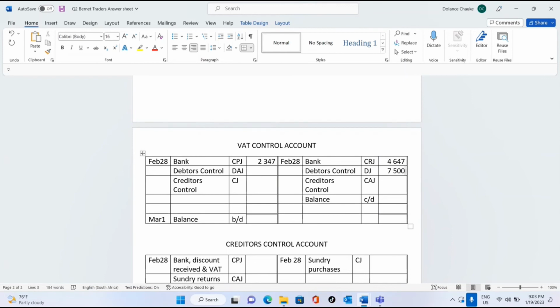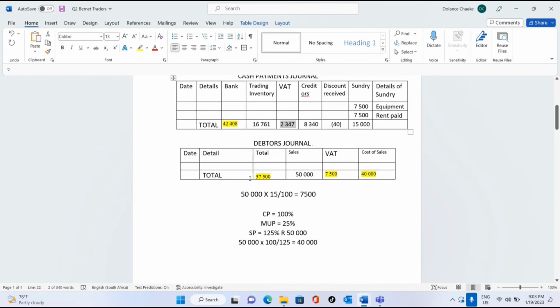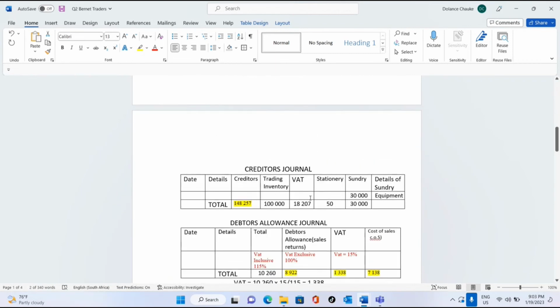And then we'll go to our creditors journal, CJ, because it's the following one now. Our VAT here is 18,207.